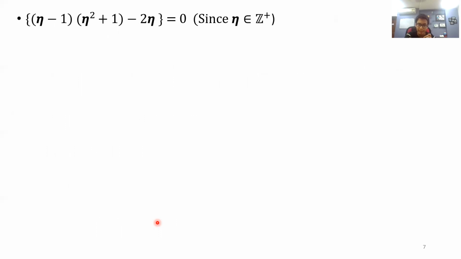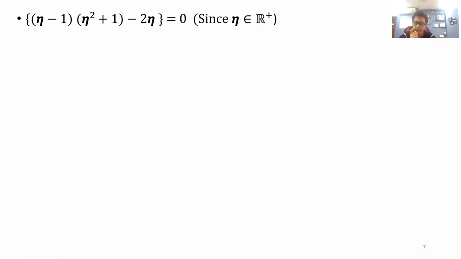Why? Well, since n is a positive real number, we obtain that this inner bracket must equal 0.